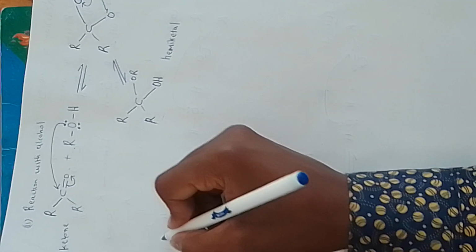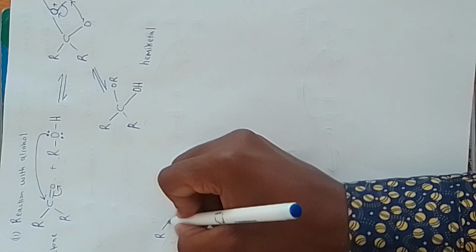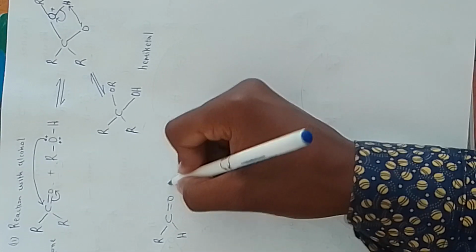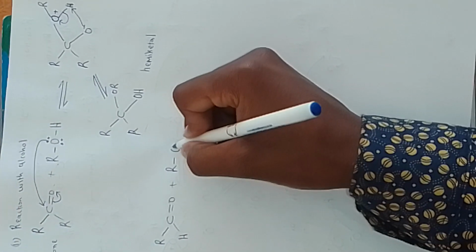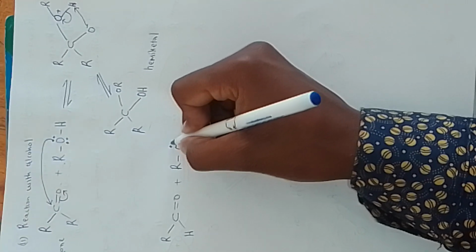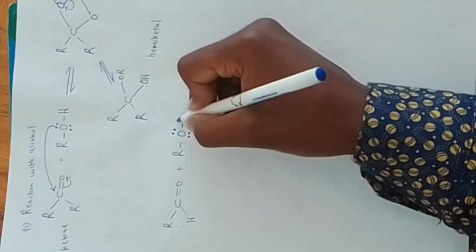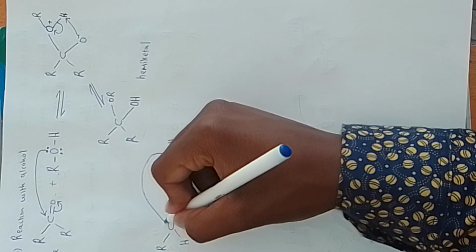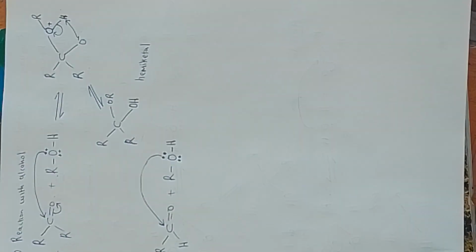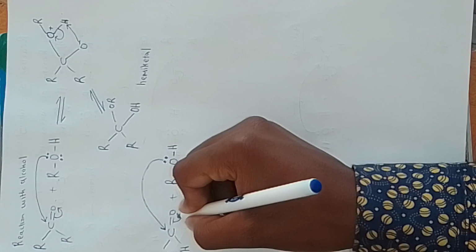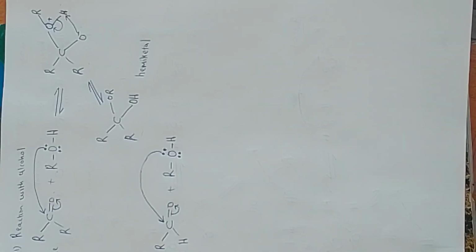Now let's look at when an aldehyde reacts with an alcohol. It is the same process. These electrons will again attack this carbon. One of the bonds with oxygen will open up and electrons go to oxygen.